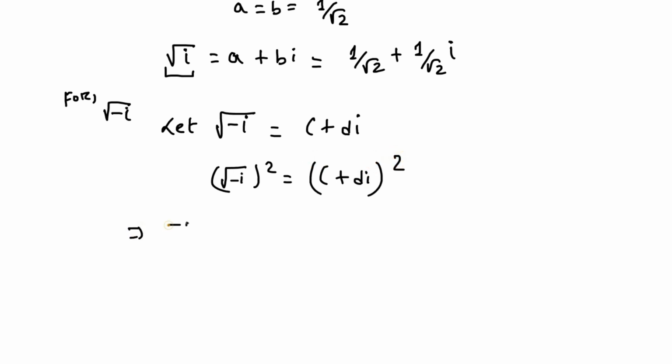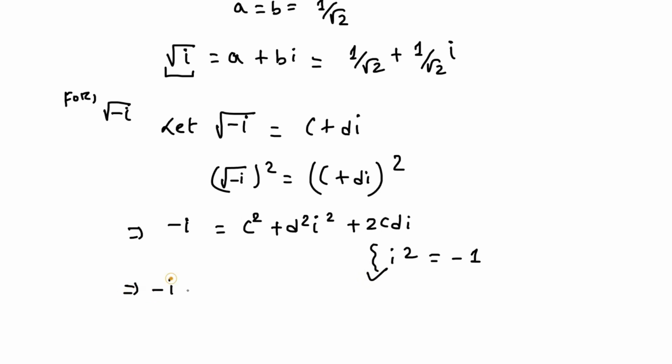So this becomes minus i equals c square plus d square i square plus 2cdi. We know that i square equals minus 1. Let's put that value here. So minus i equals c square minus d square plus 2cdi.